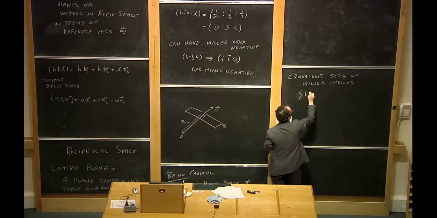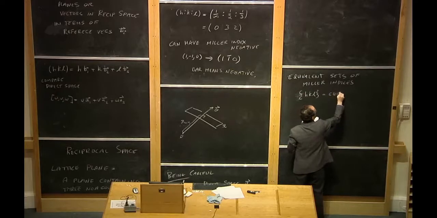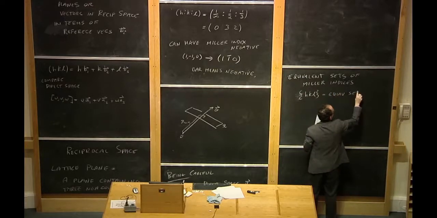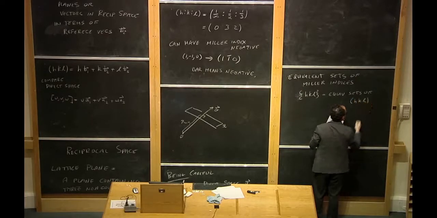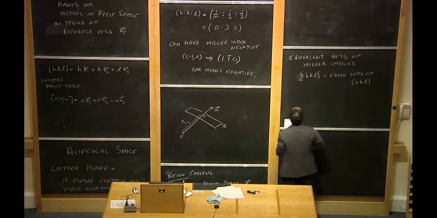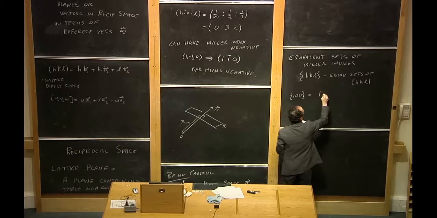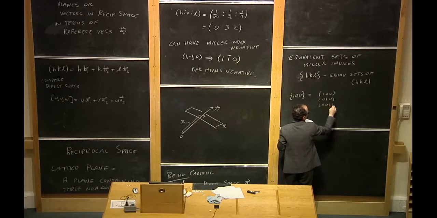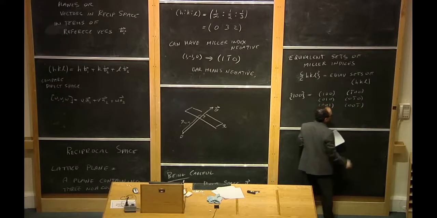Like that, {HKL}, which means equivalent sets of (HKL) in regular parentheses. So for example, in this picture, curly brackets {1, 0, 0} would mean (1, 0, 0) or (0, 1, 0) or (0, 0, 1) or (1 bar, 0, 0) or (0, 1 bar, 0) or (0, 0, 1 bar).